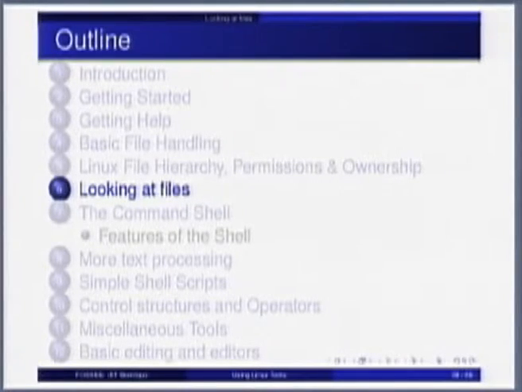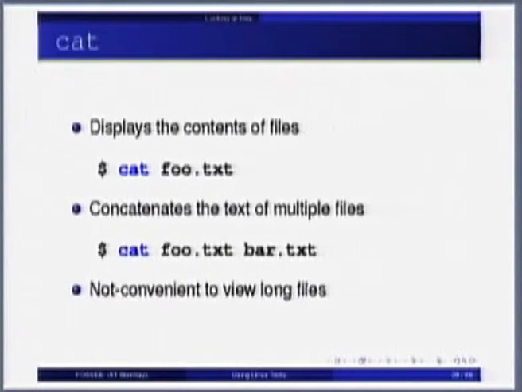We will go to the next topic, about looking at files. Somebody had already asked about cat. Cat is indeed a good way to check what is there inside a file. So what does this say? Cat is for displaying the contents of a file. Cat file1 will display all the information onto the screen by default.